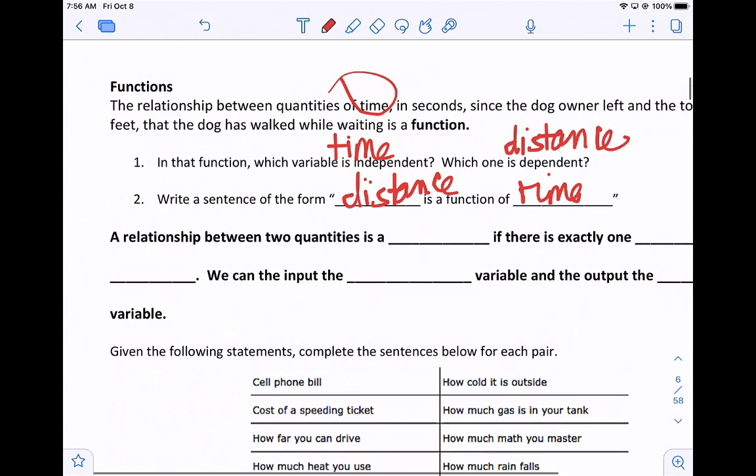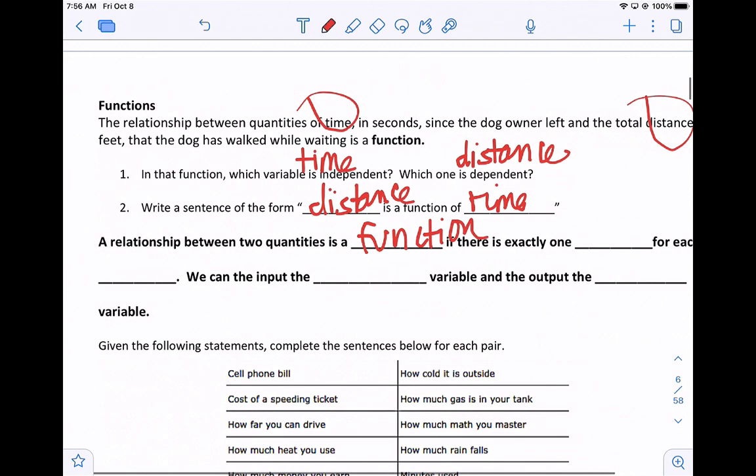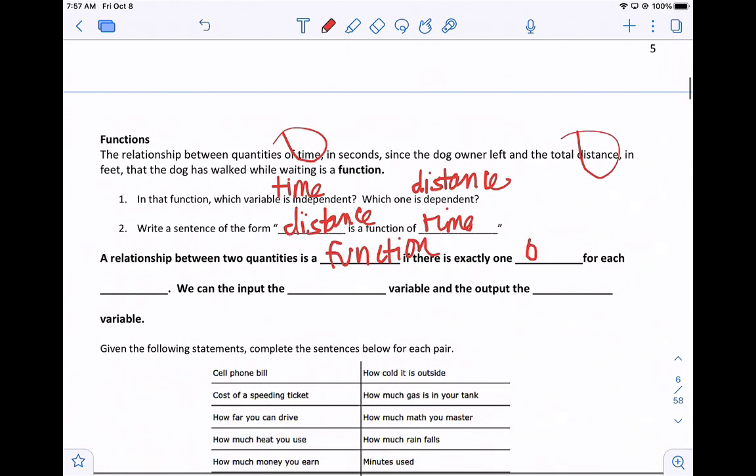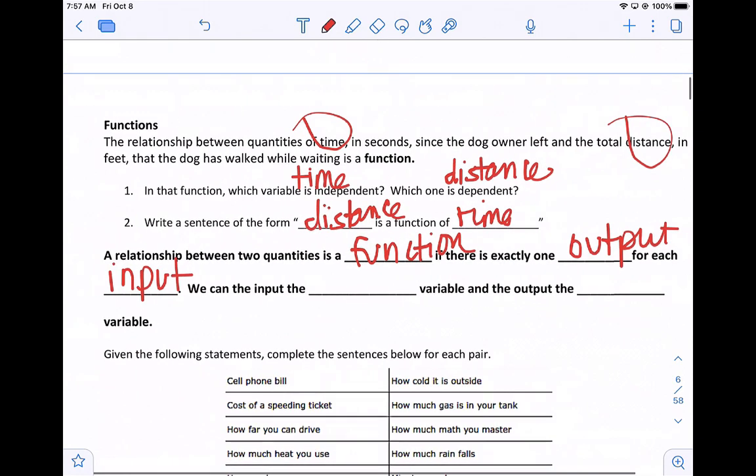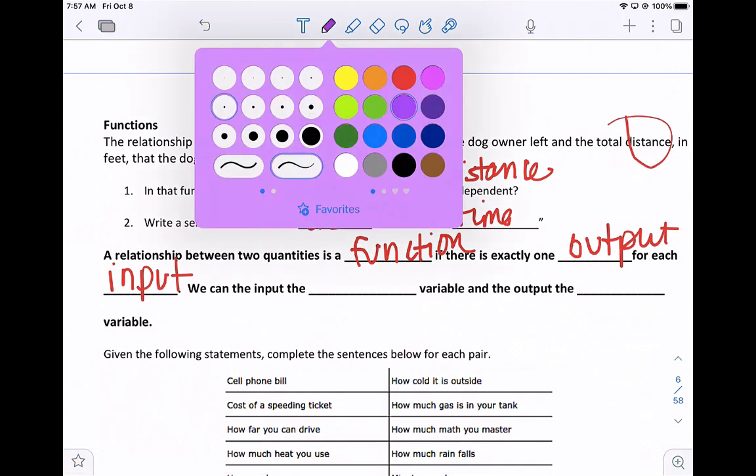A relationship between two quantities is a function if there is exactly one output for each input. We call the input the independent variable. I should really use different colors here.